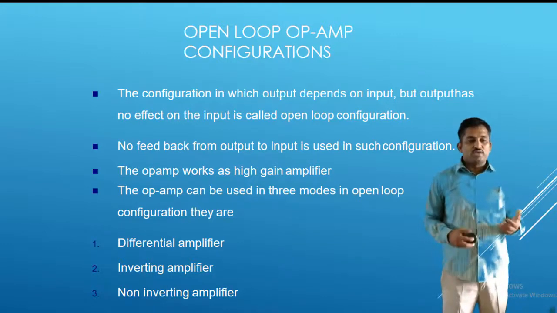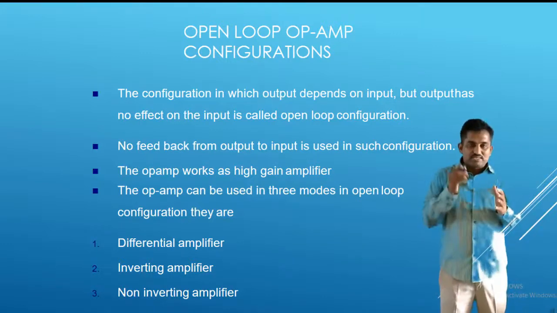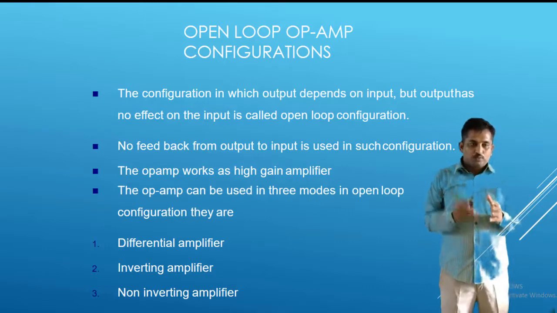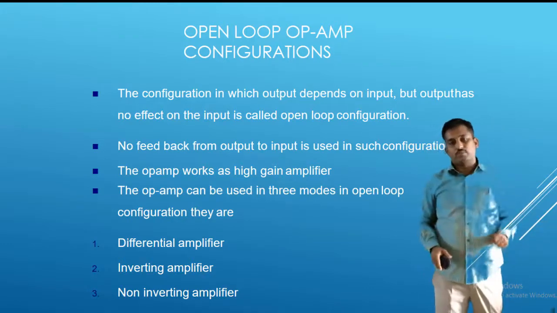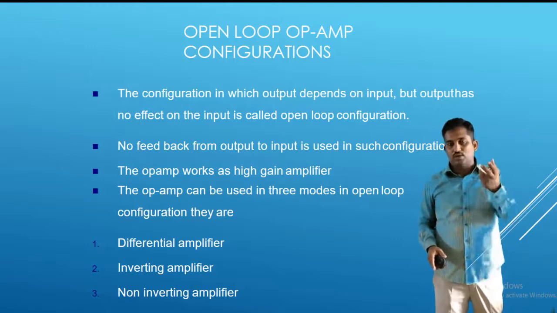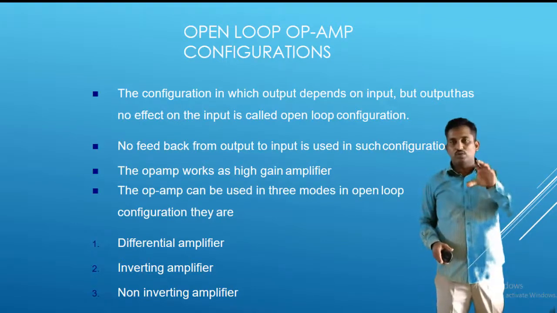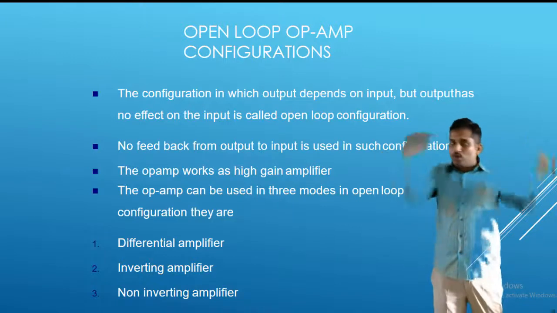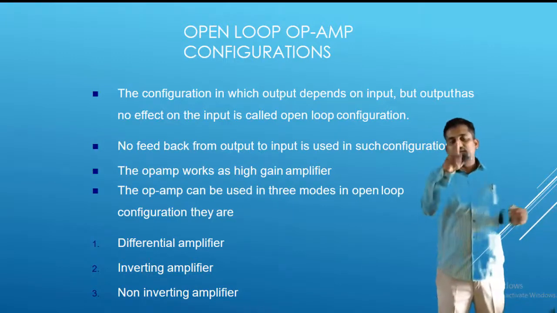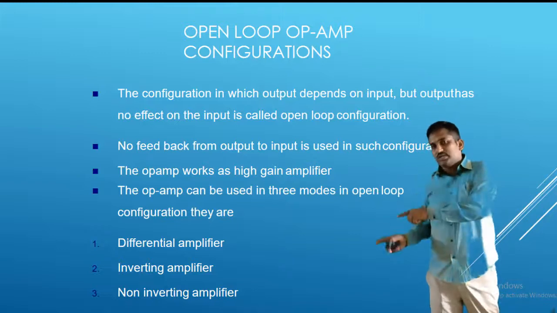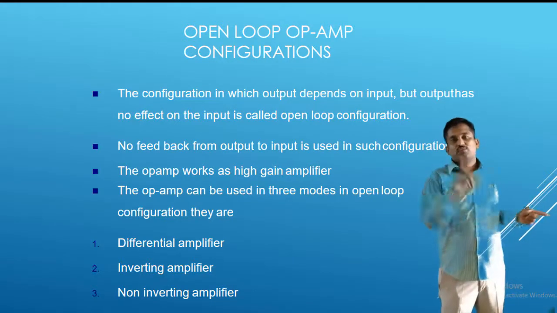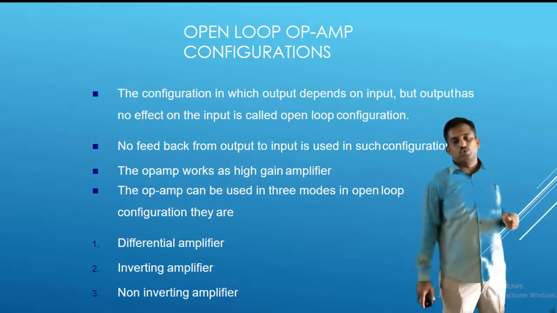The configuration in which output depends on input but output has no effect on the input is called open loop op-amp. If the output voltage has no effect on the input, then we treat it as open loop. And if the output shows some effect on the input, then we treat it as closed loop op-amp.